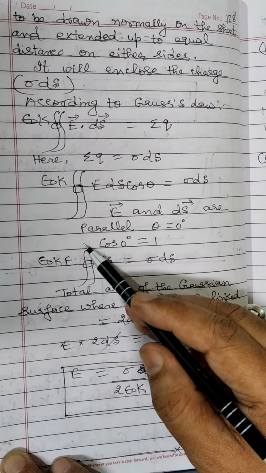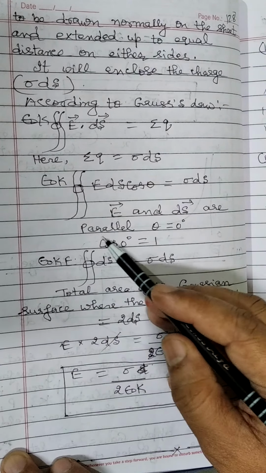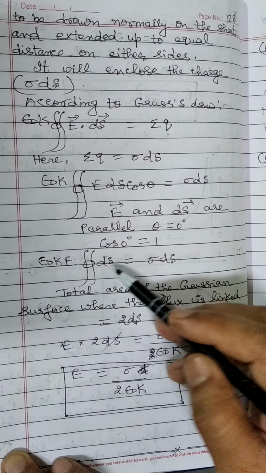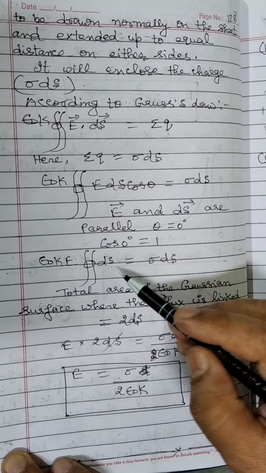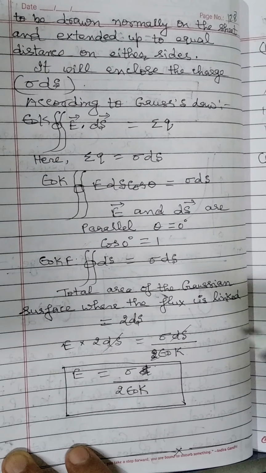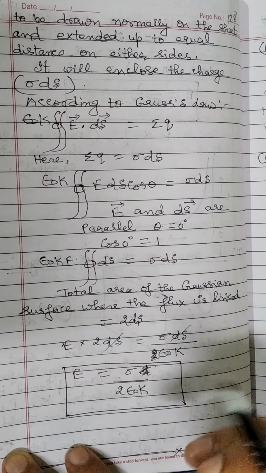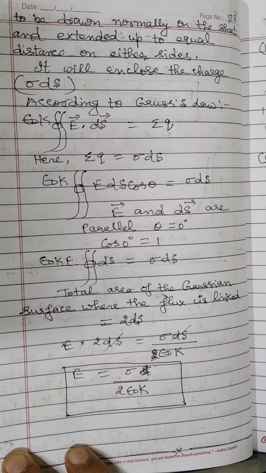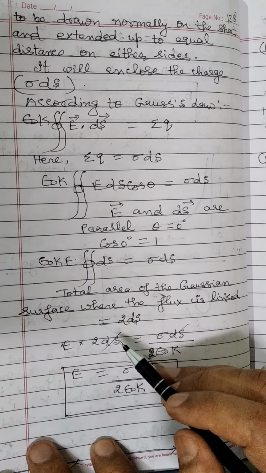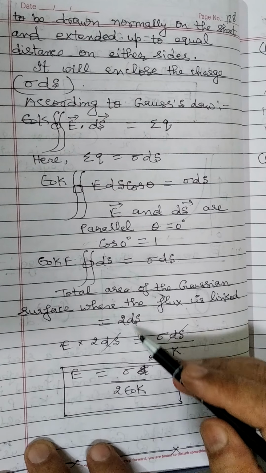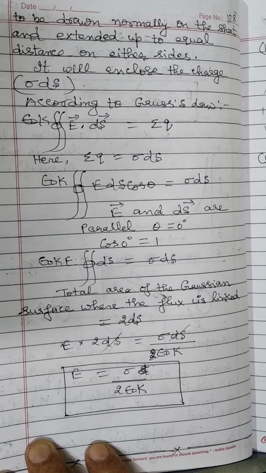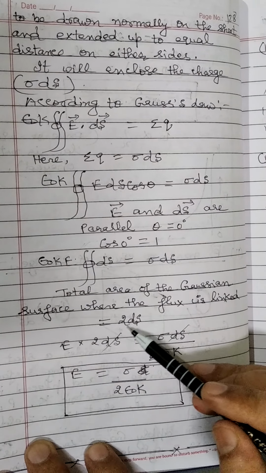Again this quantity, the surface integral for the closed surface ds, is always the area of the Gaussian surface which you have considered. So already we have discussed that the electric flux will be linked on the cross sectional areas this way and this way, so it will be 2ds.